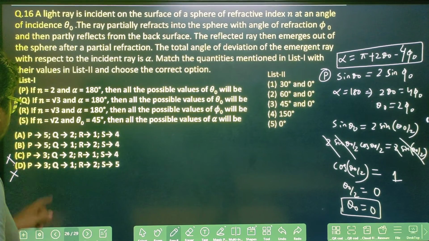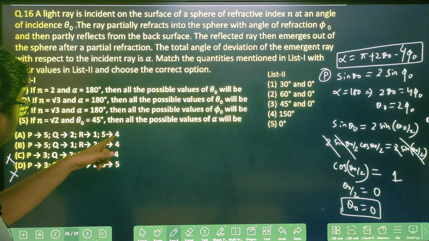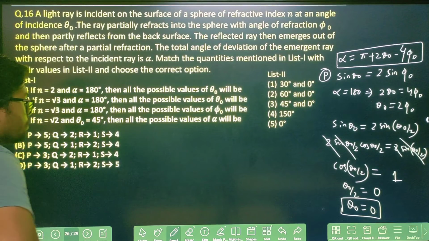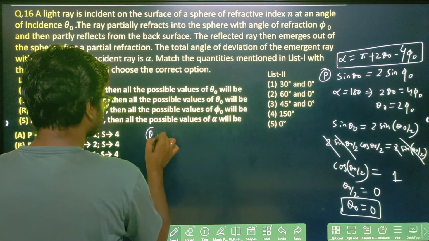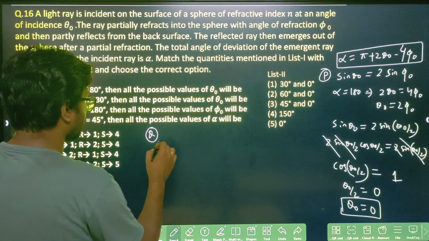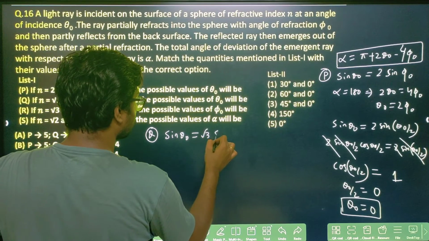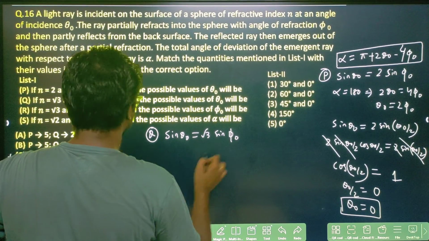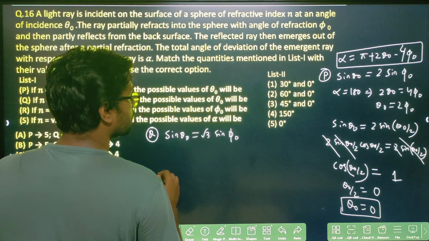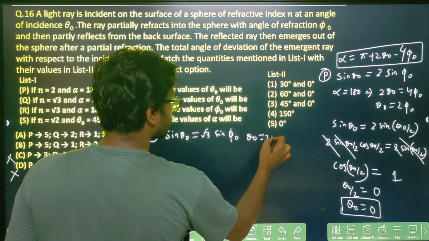So P is 5 basically, and Q is 21, R is 12, S is 44. So let's find out Q, then it will be clear, right? For Q, n equal to root 3. So if n equal to root 3, then sine of theta naught equals root 3 sine of phi naught. If alpha equal to 180, again the same condition, it will be theta naught equal to 2 phi naught.